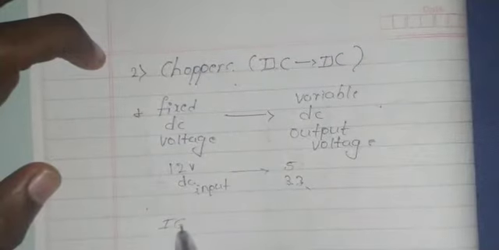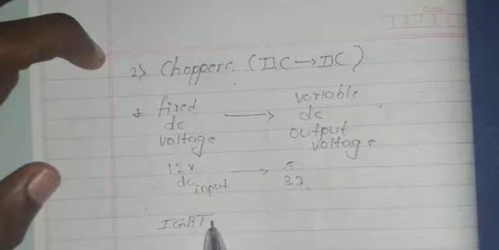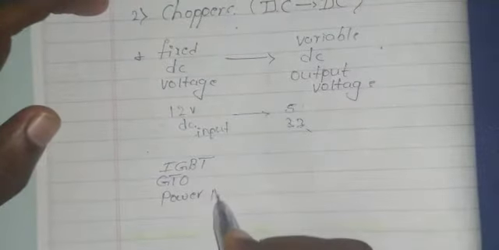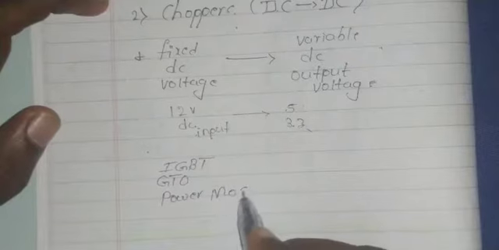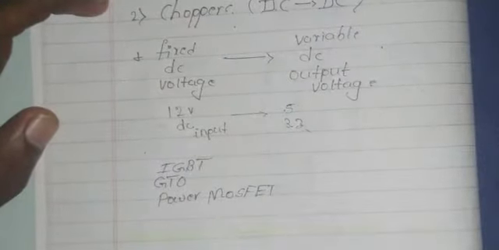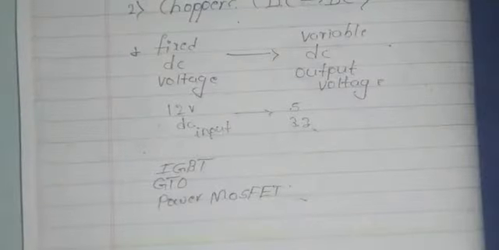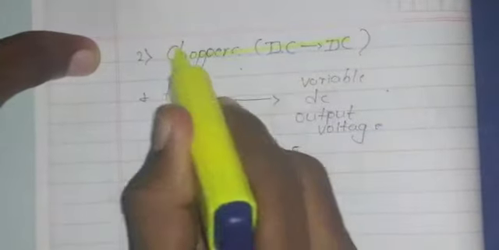These are some of the components used to make these choppers. Remember this, choppers convert DC to DC.